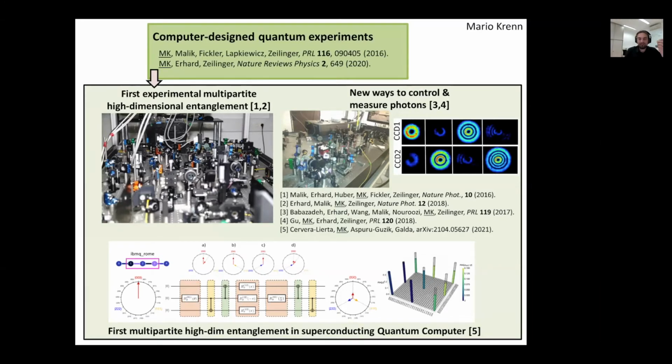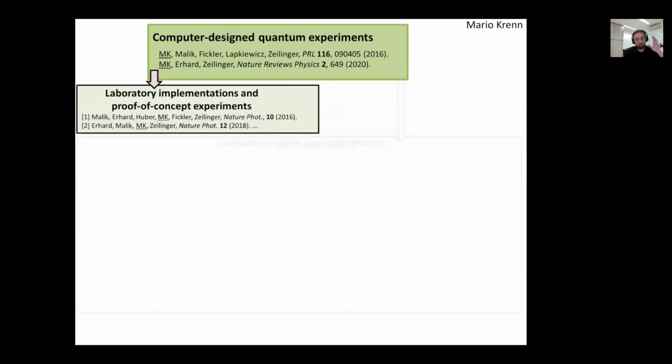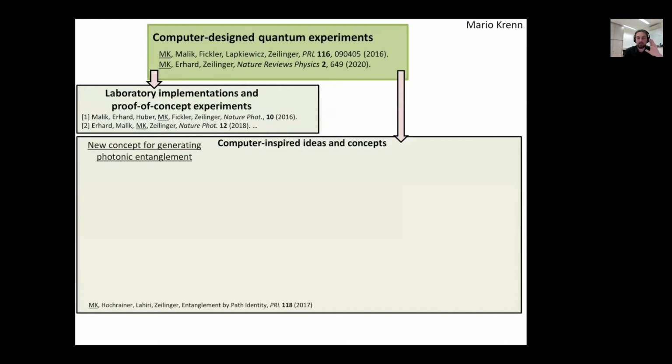But for me, even more surprising is the fact that we can use this algorithm to get new ideas and inspiration for new concepts in quantum physics. One example that I would like to mention briefly was by looking at outliers of a large computation. We found a concept for an entirely new way to generate quantum entanglement in photons.